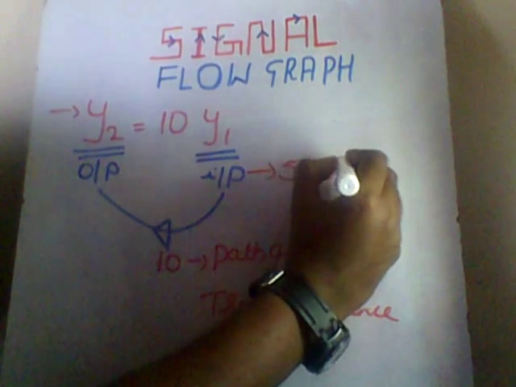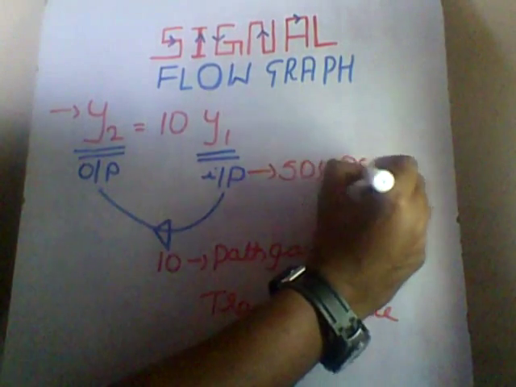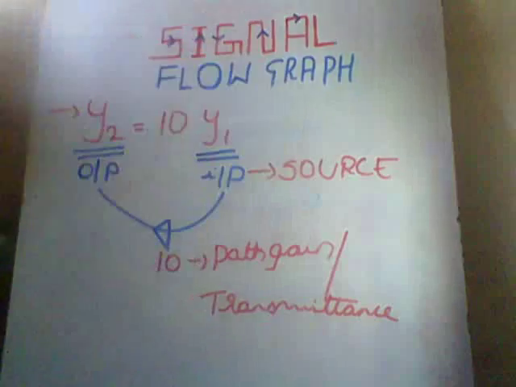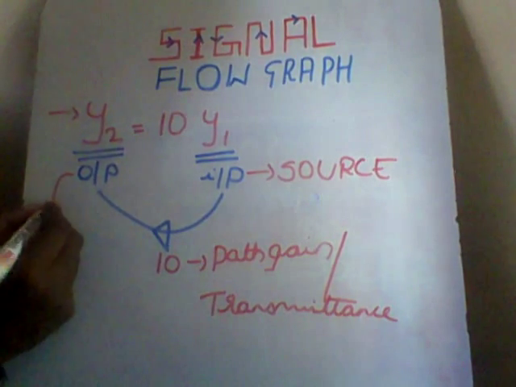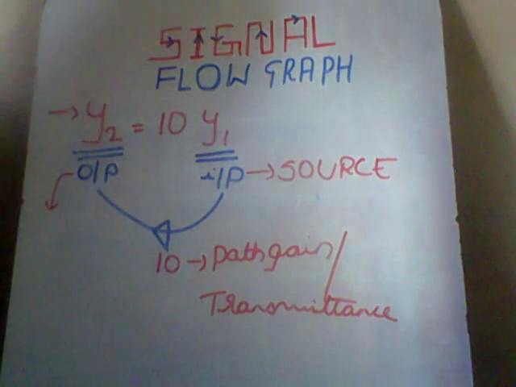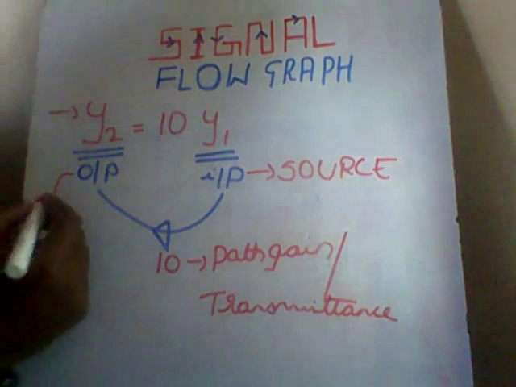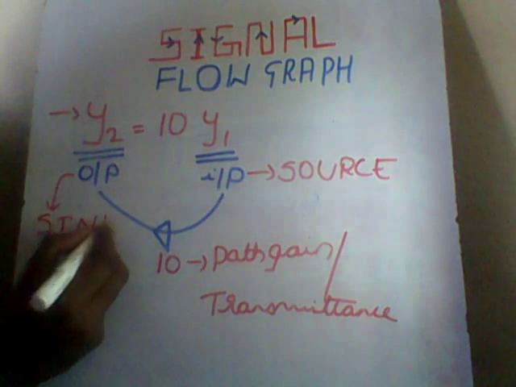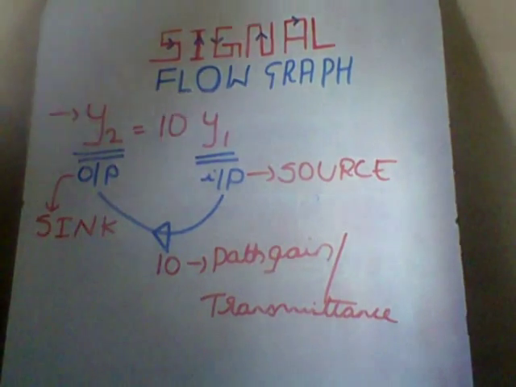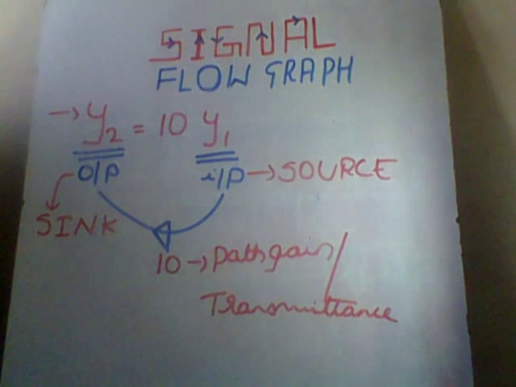The node which acts as input is known as source, and the node which acts as output in the signal flow graph is called sink. I hope you understood the first problem.